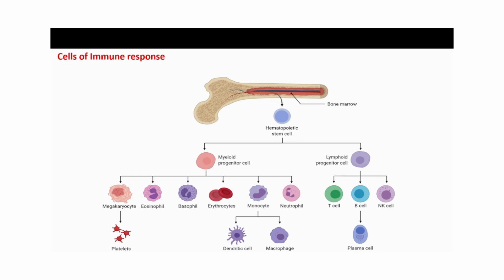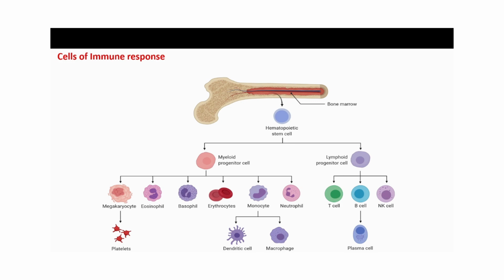All immune cells develop from a single pluripotent cell in the bone marrow. Here you can see the bone marrow where the hematopoietic pluripotent stem cell is developed. The hematopoietic stem cell gives rise to lymphoid and myeloid progenitor stem cells, each of which differentiates into a range of immune cells.